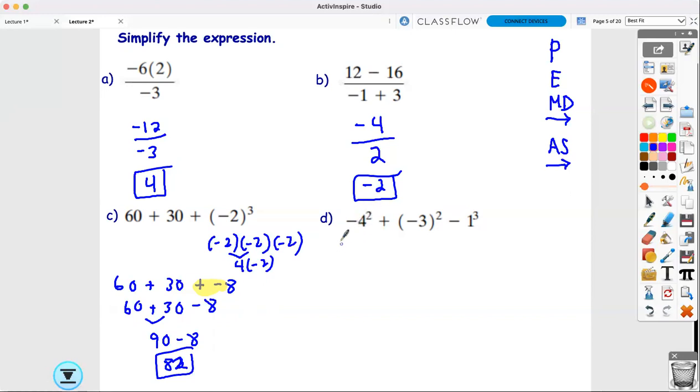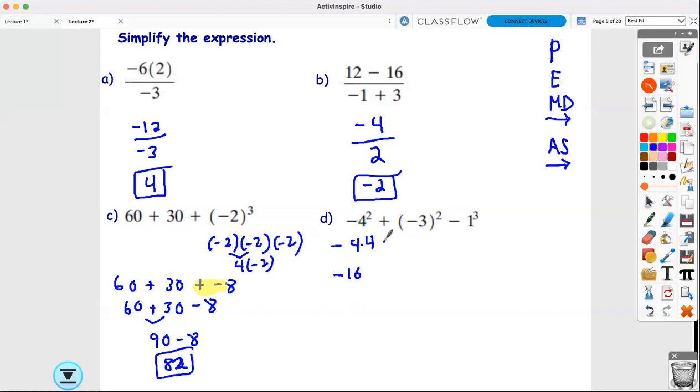No. Nope. So we're going to write it as -4 times 4. 4 times 4 is just 16. So what kind of 16 should it be, class? Negative.